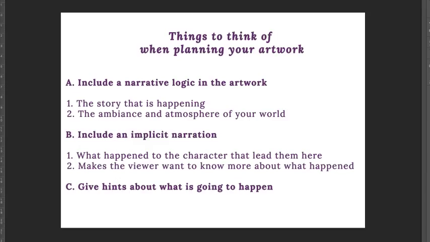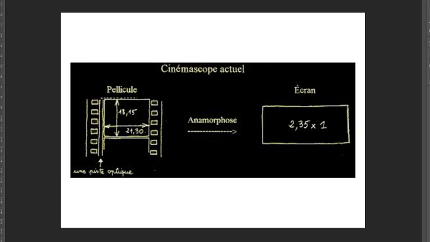So there we have the basic format, so you can see what it looks like. For drawers, painters, and everyone used to the reassuring letter or A4 format and all the variants we're used to, like square and all that jazz, CinemaScope can be hard to handle.